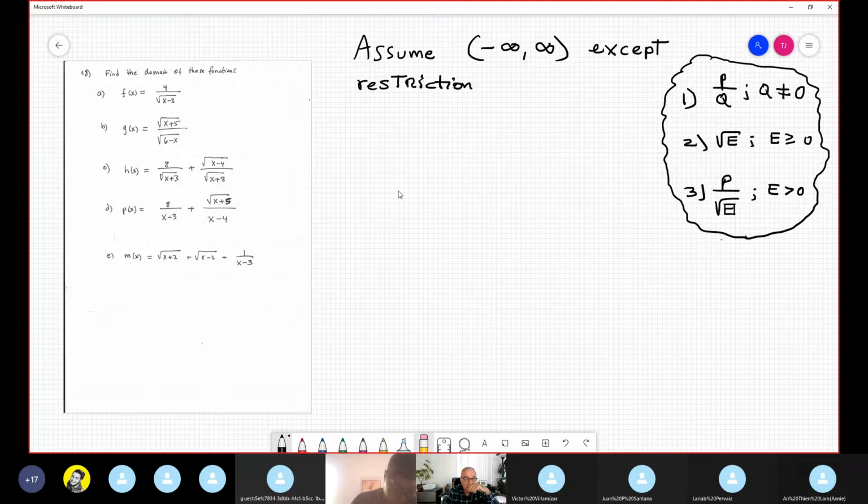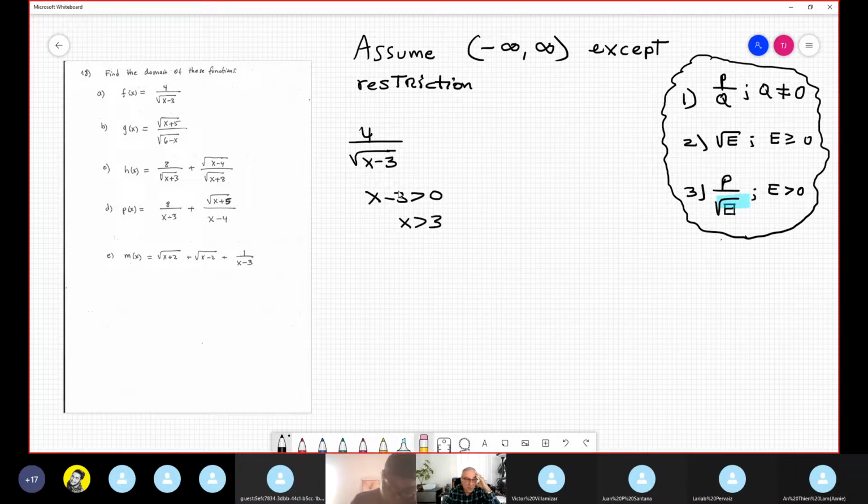Okay, and number A is super easy because it's 4 divided by radical x minus 3. This corresponds perfectly with that restriction. Yes or no? So you take the expression inside, x minus 3, and you enforce it to be greater than 0, positive. x is greater than 3.